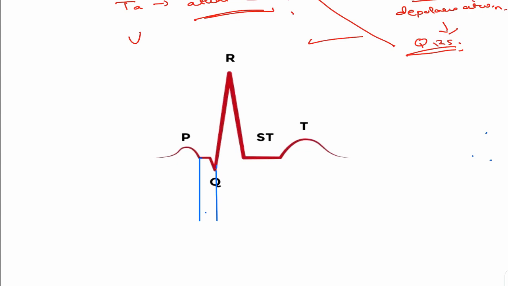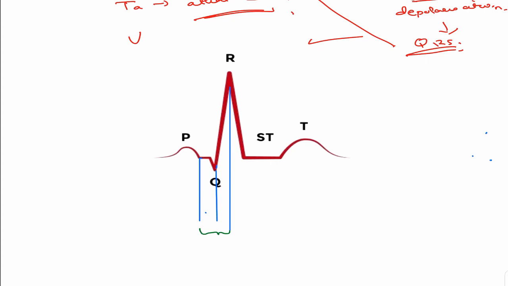So that's why the doctors have decided they'll go for the PR segment, which is a much better terminology to use. Okay, so this is basically the PR segment, from the end of the P wave to the starting of the R wave. So what does it signify? What does the end of the P wave mean?